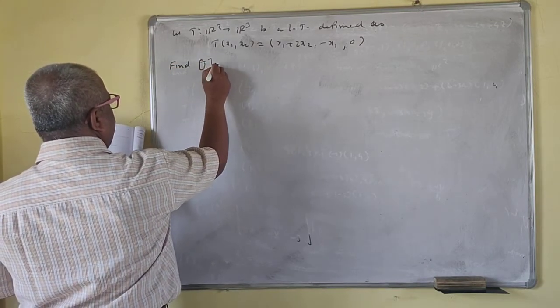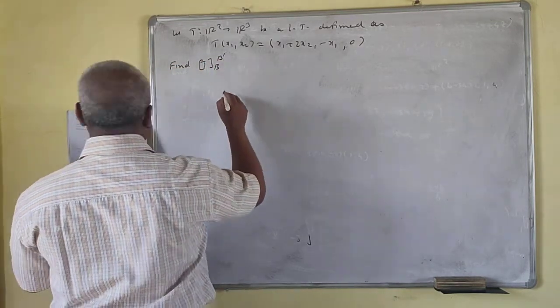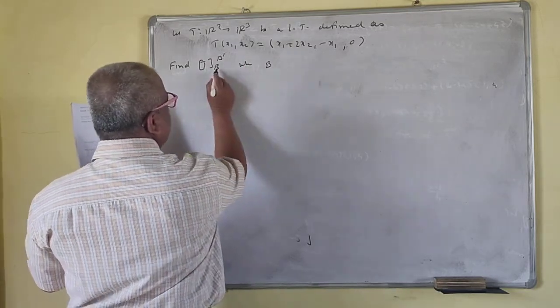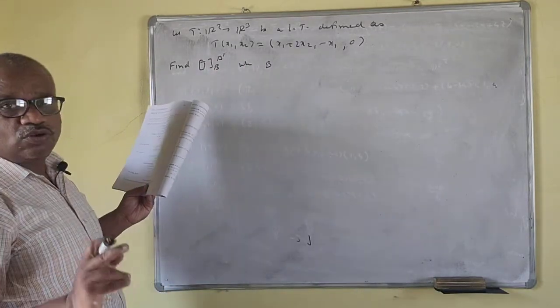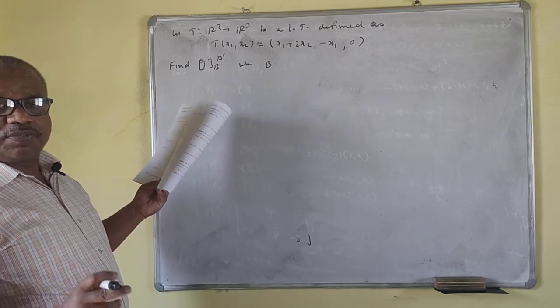the matrix of T from B to B prime, where the lower one means the basis for the domain, and the upper one means the basis of the codomain.